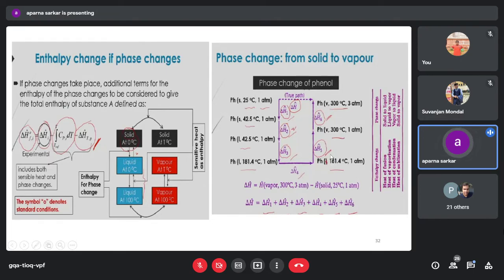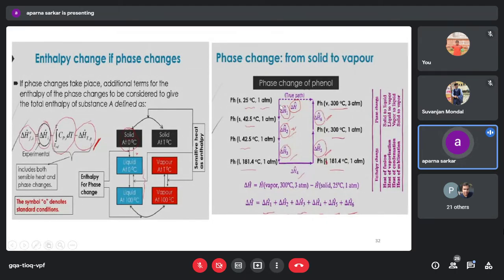But after increment, at 300 degrees centigrade, the liquid changes into the vapor phase, and this continues up to 3 atmospheric pressure, because when we have vapor we cannot maintain the pressure, since vapor always gives extra pressure, so the pressure changes.